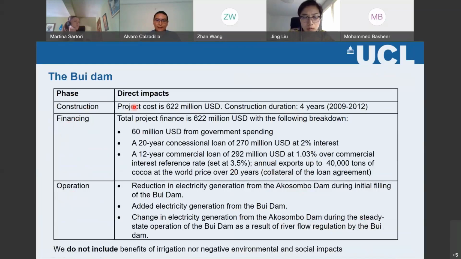And these are the direct impacts that we have in these different phases. So in the construction phase, the project cost is $622 million US, and it was constructed between 2009 and 2012. And it took 4 years to build.